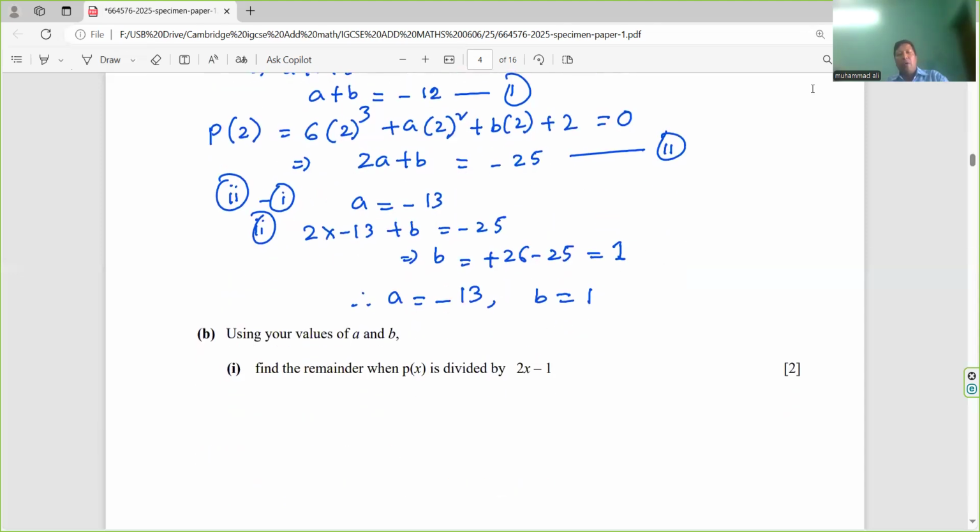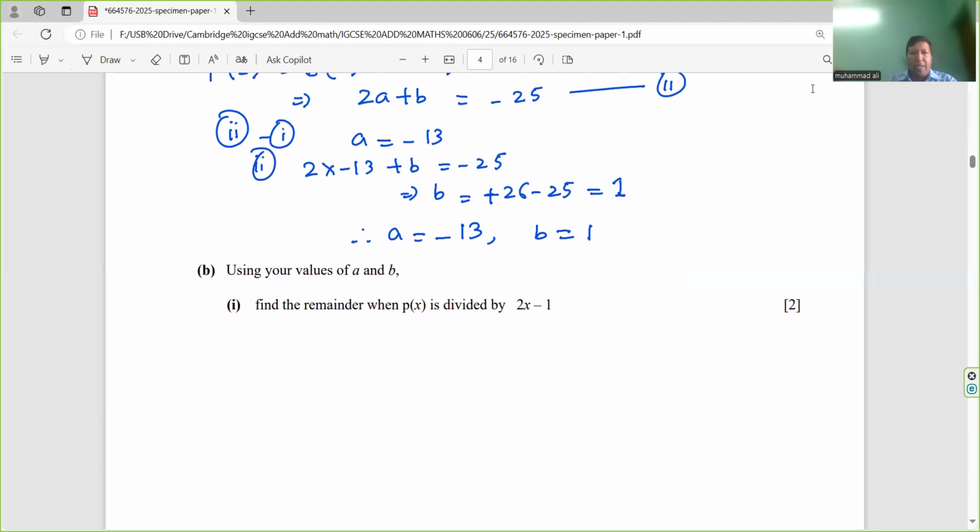Now part a is completed. By using your values of a and b, find the remainder when p(x) is divided by 2x minus 1. So after putting a and b in p(x), we will get p(x) equals to 6x cubed minus 13x squared plus x plus 2.